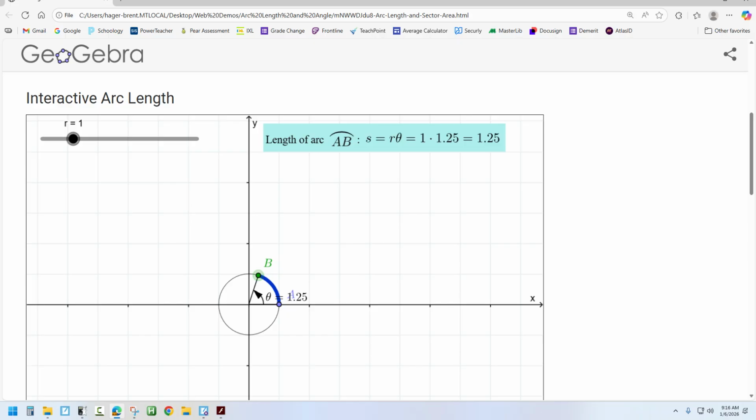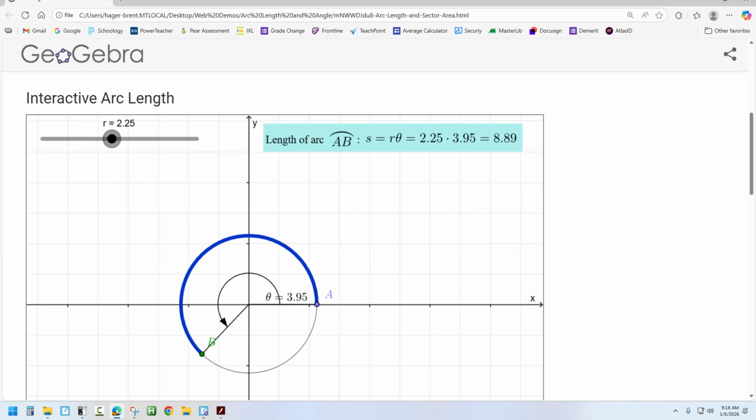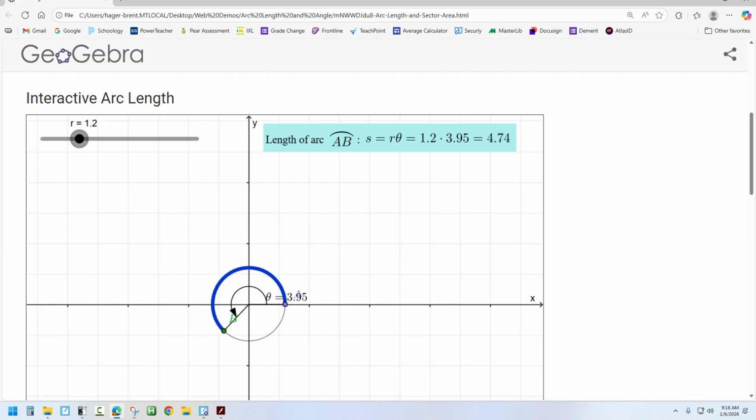So whenever you have a circle with a radius of 1 and you draw an angle inside the circle, the size of the angle between the initial and the terminal side will always be the same length as that blue arc. But it only works on radius 1. If you change the radius, you can see the 2 numbers now are definitely not the same anymore. But on a circle of radius 1, it works.